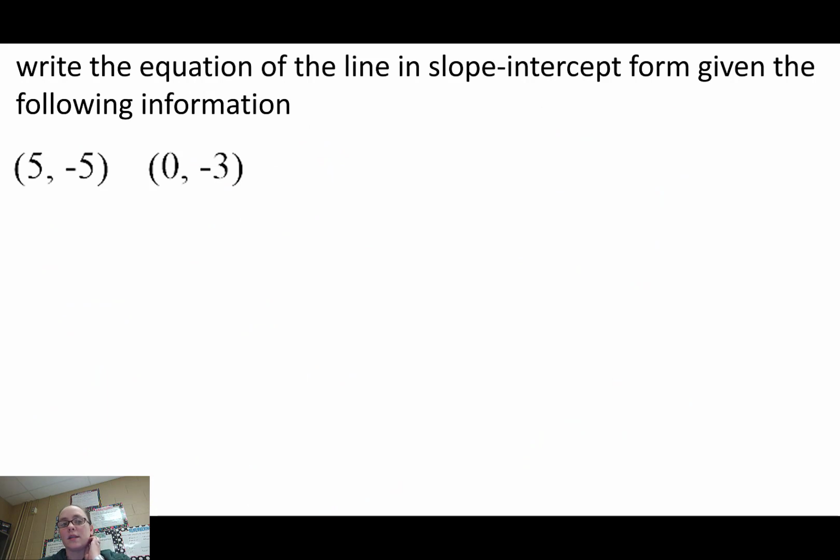All right, so write the equation in slope-intercept form. Well, what do they give me here? They give me 2 points. So I have to first find what my slope is. Okay? So remember, we've got y2 minus y1 over x2 minus x1, and that solves for m.